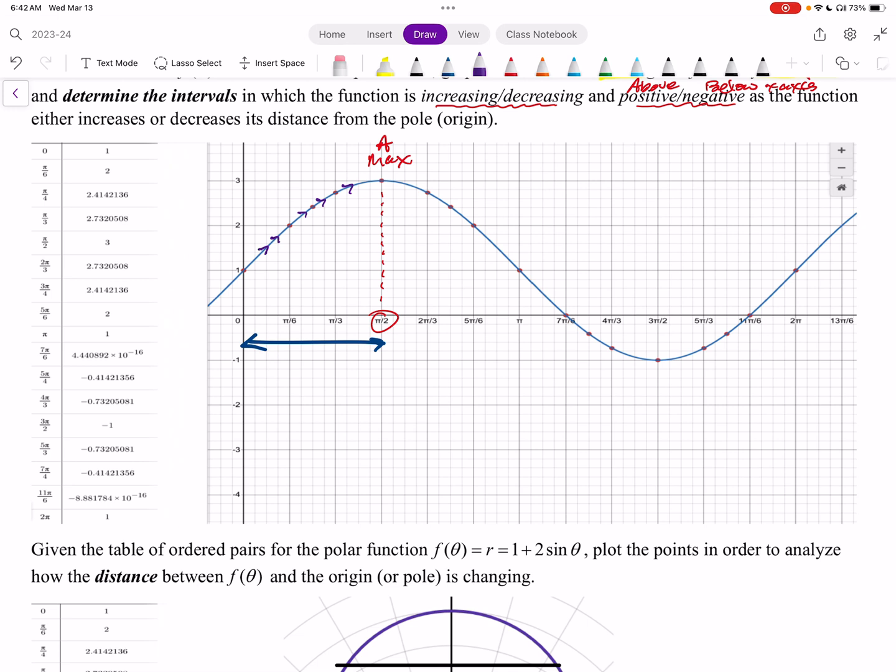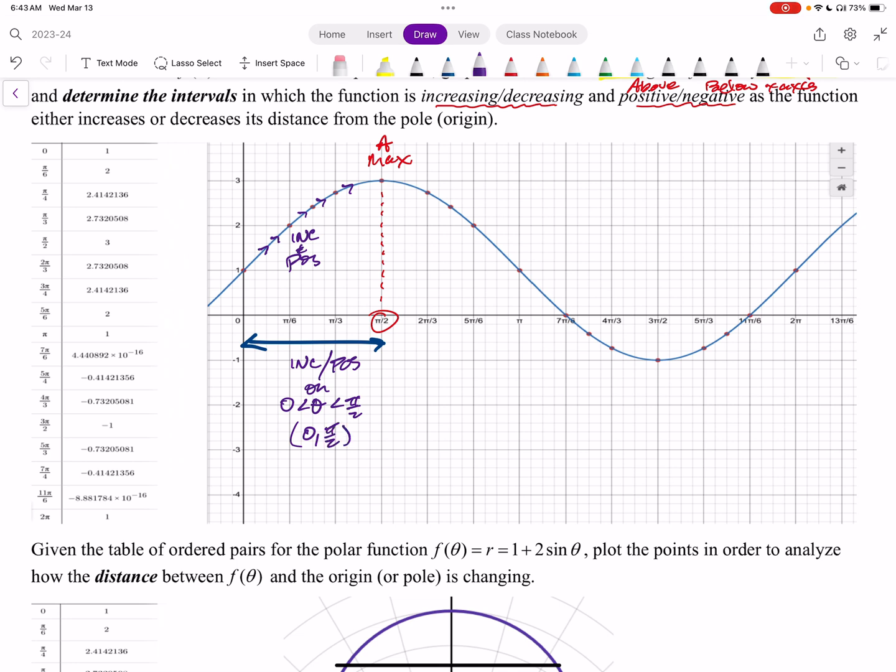So that means that it's increasing and positive on the interval from 0 to 2 pi. So it's increasing and positive when theta is between 0 and pi halves. And if you want to write it in interval notation, you just go 0 comma pi halves.